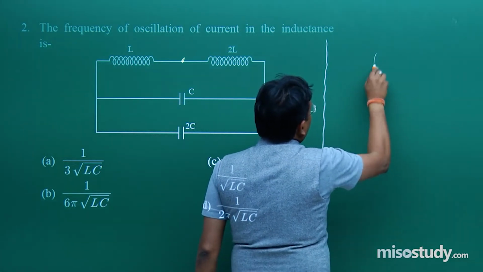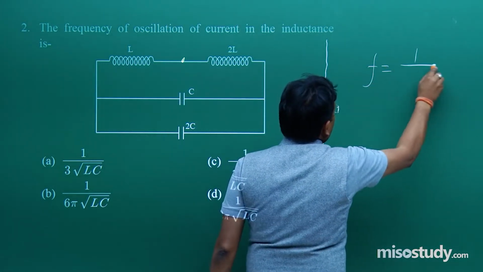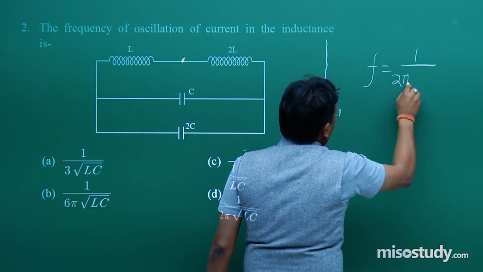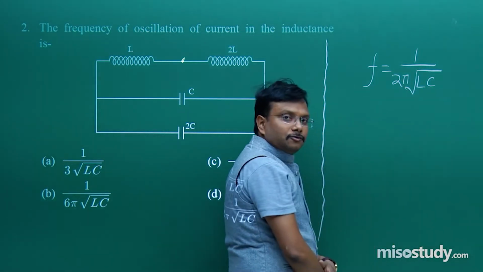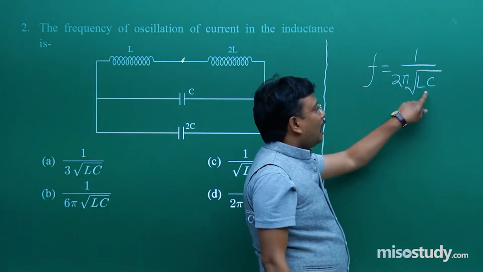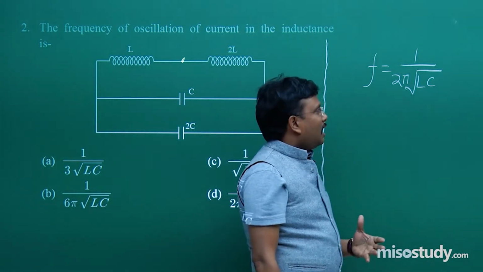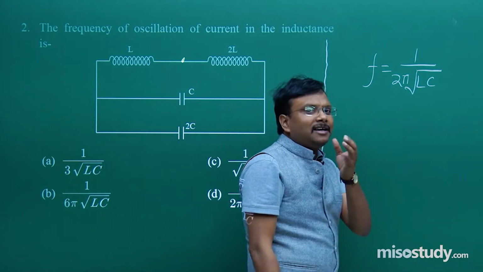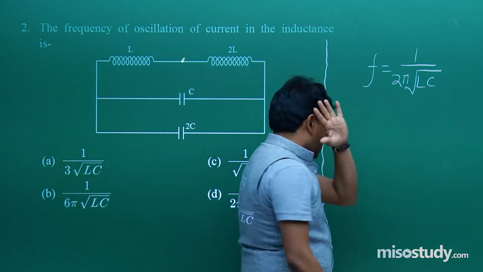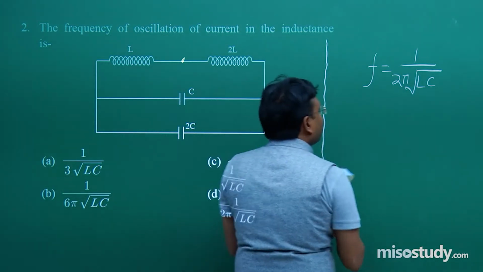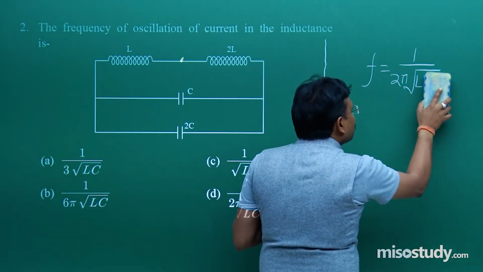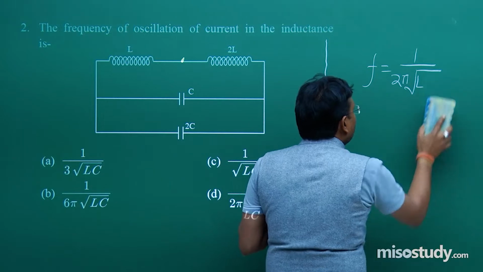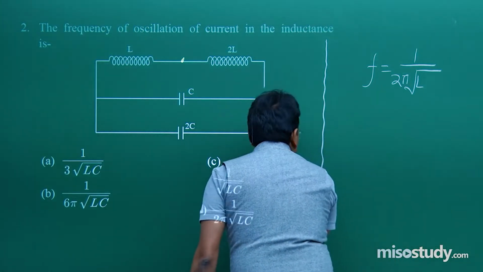Students, one formula you all are very much aware of, that is 1 upon 2 pi under root LC. Fine. Rather than under root LC, I think I should write it in a slightly different fashion. What is that different fashion? This is the formula that you are quite aware of. So what I will do, a small change over here.